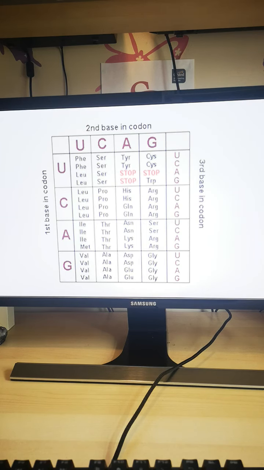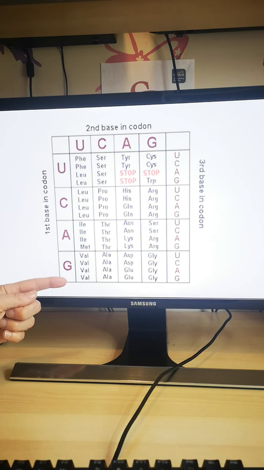So for example, let's go just below to Val. This amino acid has got 1, 2, 3, 4 different codons which code for the same amino acid.